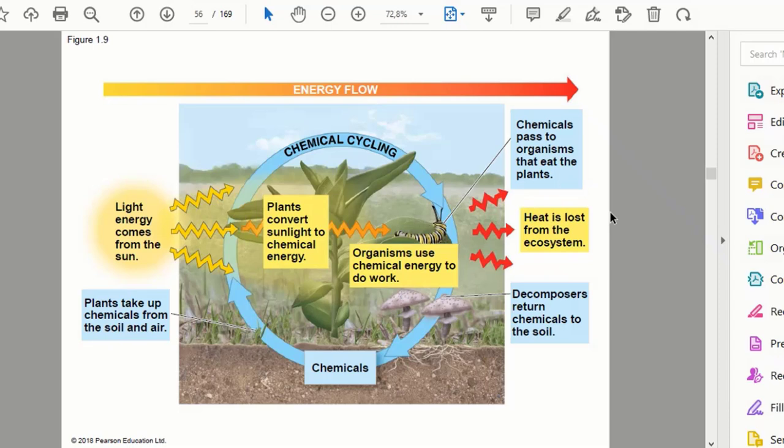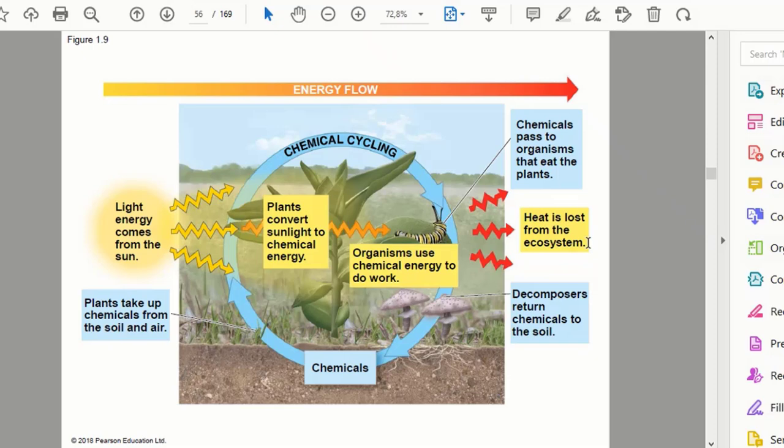You see, that's the conversion, those kinds of symbiotic relationships are practiced there too, where the organisms that eat those plants also get the chemicals, and heat is lost from the ecosystem because of that.